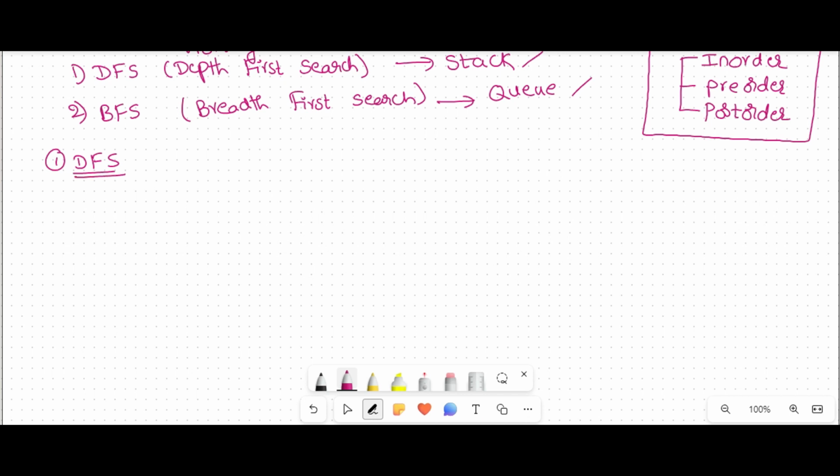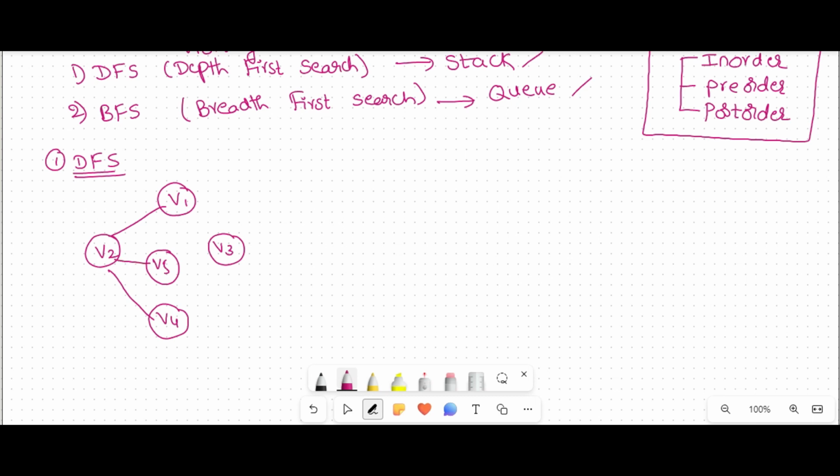So what is depth first search? Suppose vertices are there like V1, V2, V3, V4, and here V5 is there.